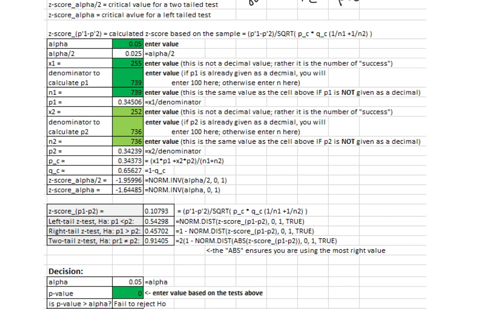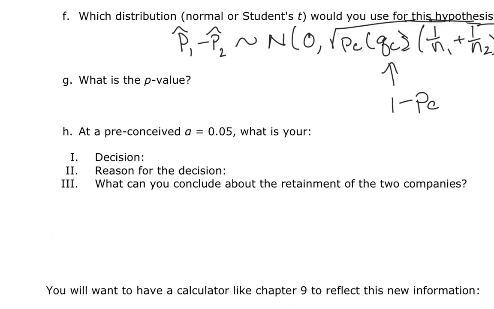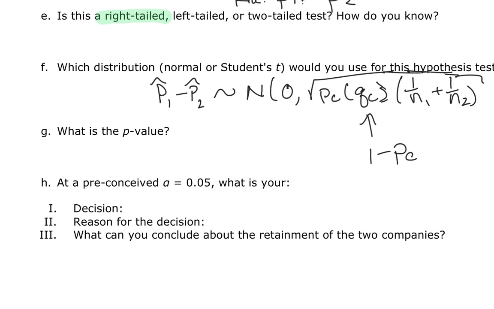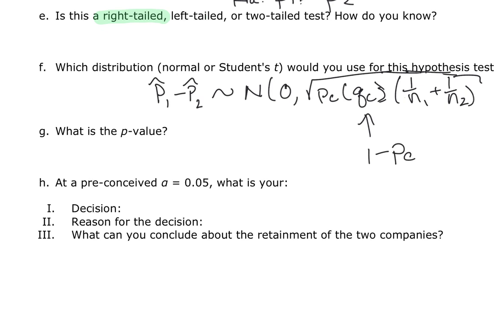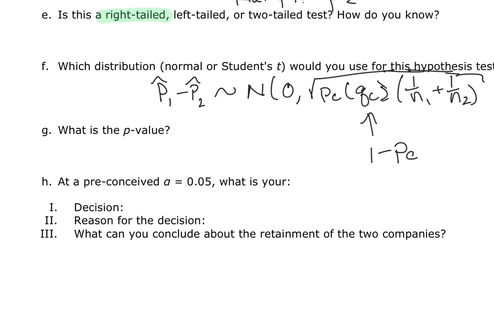Now let's go back to the example. So I'm going to go out to my spreadsheet. I'm going to put the numbers in the appropriate places. Please make sure that you are getting these same numbers in your spreadsheet as I go through this. And the p-value that I got was 0.10. This is my p-value.